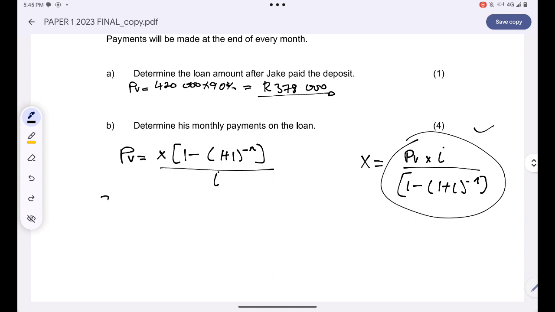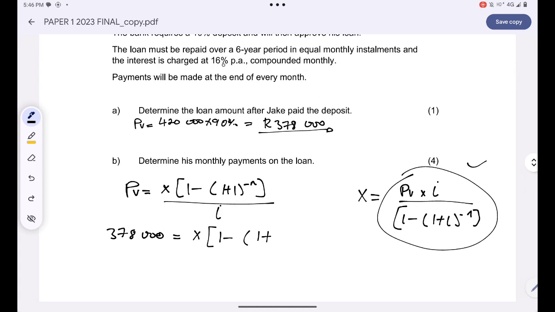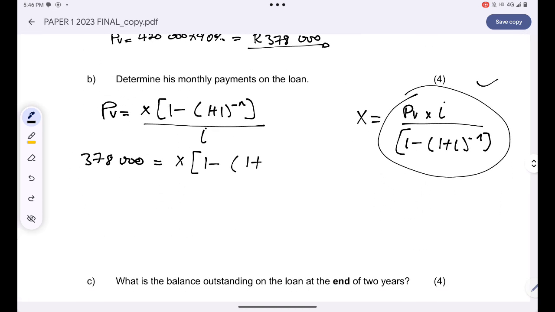The value of the loan is basically 378,000 rands. I do not know the value of X. That's what I'm looking for. 1 minus, I have 1 plus the percentage rate, which is 16% per annum compounded monthly. That's 0.16 divided by 12. N represents the number of times interest is to be calculated, or rather, N represents the number of payments.